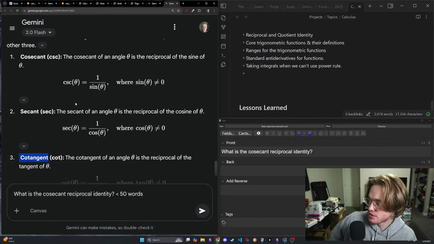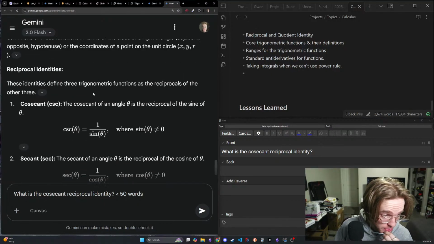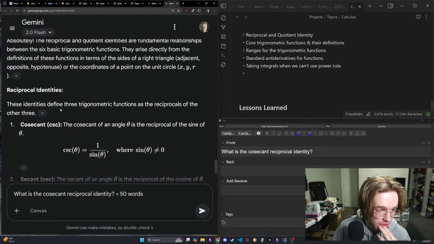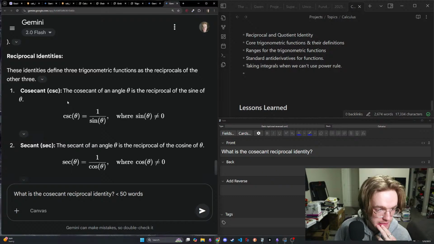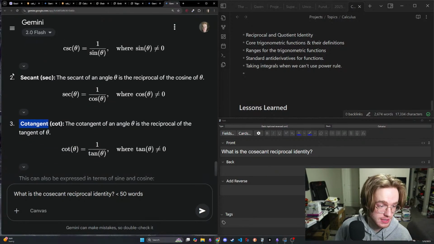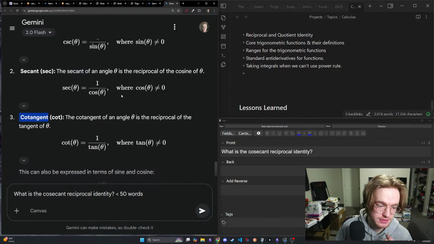When I first learned trigonometry, we only did cosine, sine, and tangent, and so these reciprocal identities are to define, or I guess the focus is on these, the 3 that are used less.